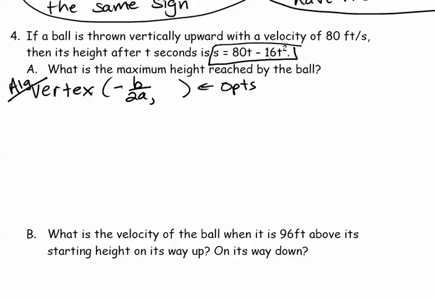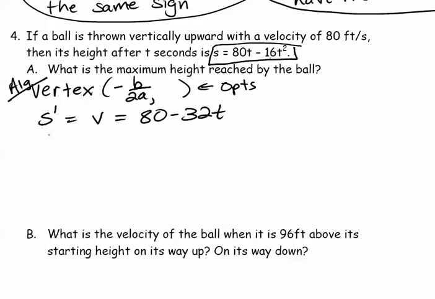To find our maximum height, we want to say it reaches its maximum height when its velocity is equal to 0. So s prime is our velocity function, and that would be 80 minus 32t.